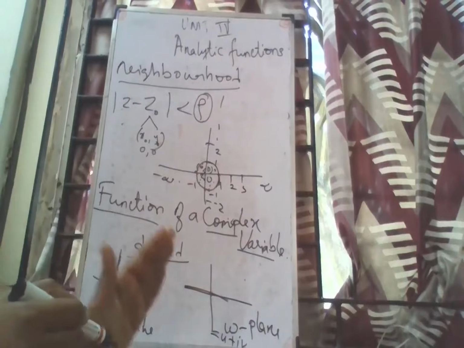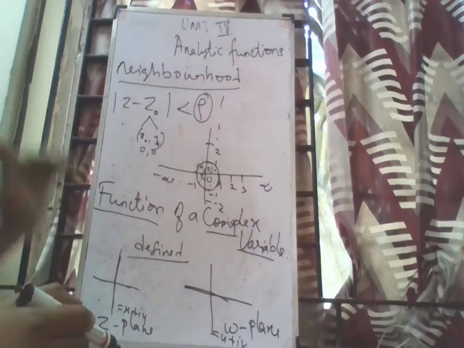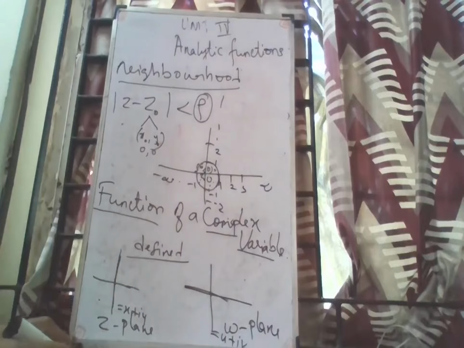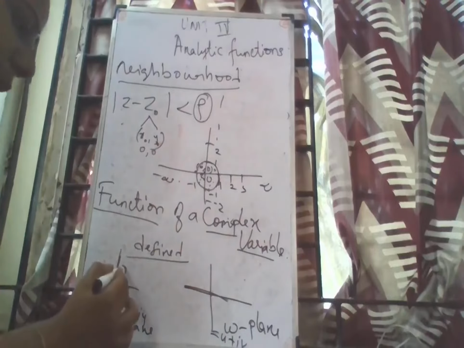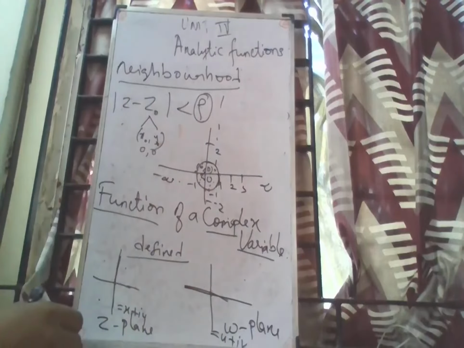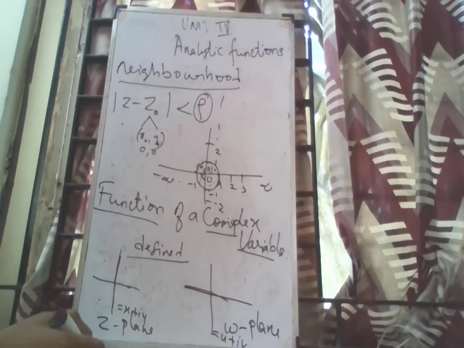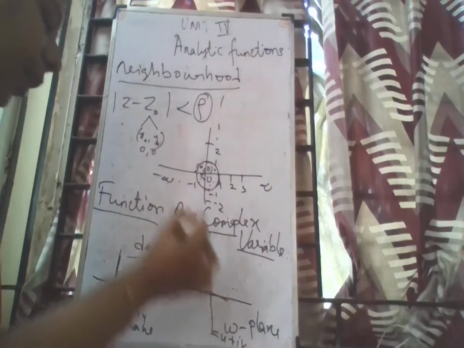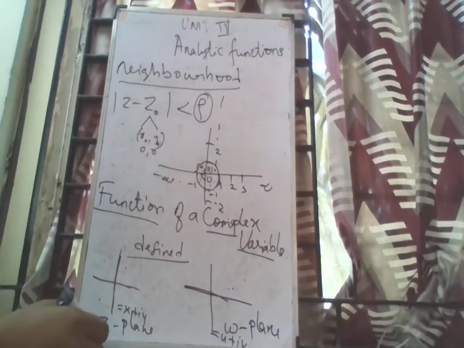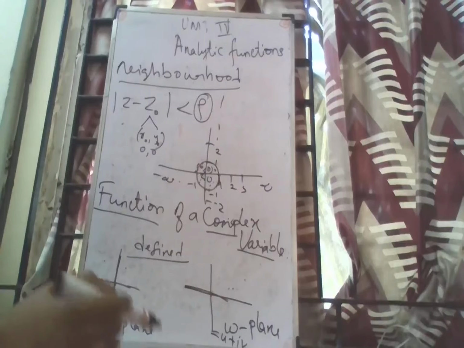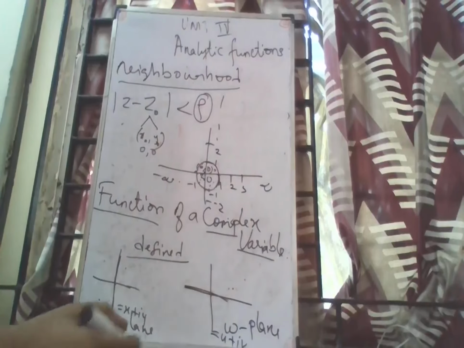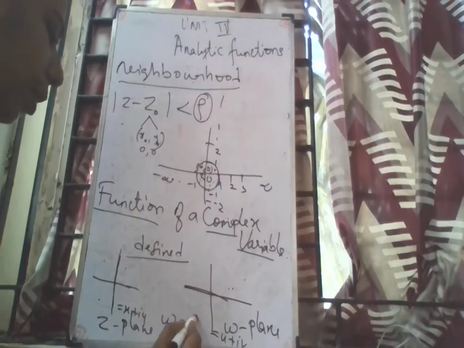Let z and w be two complex variables such that for every point z in a certain region R of the z plane, there corresponds one or more values of w in this w plane. Then w is called a function of z and is written as w equal to f of z.